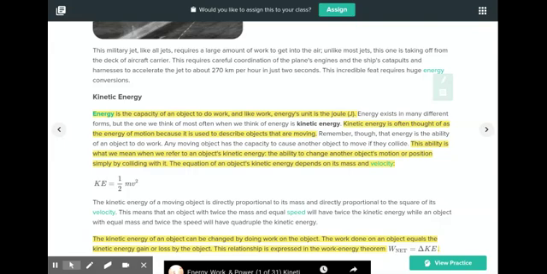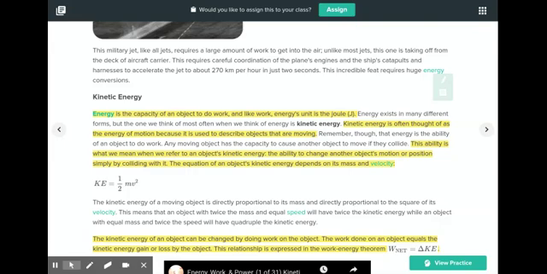Energy exists in many different ways, but the one we think of most is kinetic energy. Kinetic energy is often thought of as the energy of motion because it is used to describe objects that are moving.